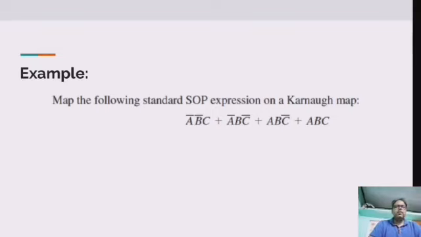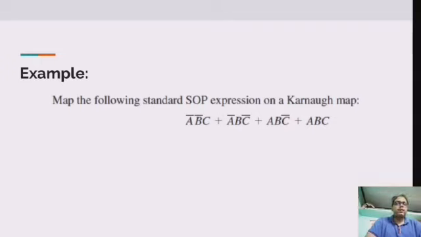We have been provided with an example, and we have to map this Boolean expression into a K-map. We can see here that there are three variables available in each of the product terms. We already know that an SOP expression is built with the help of product terms.